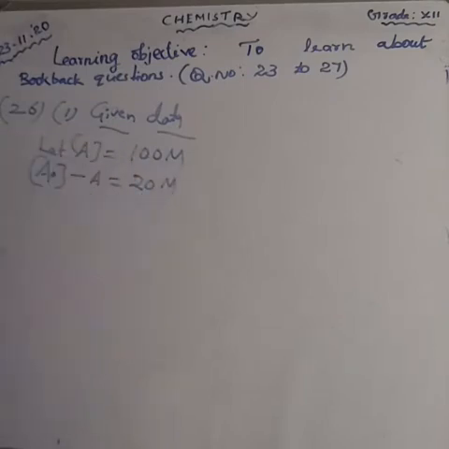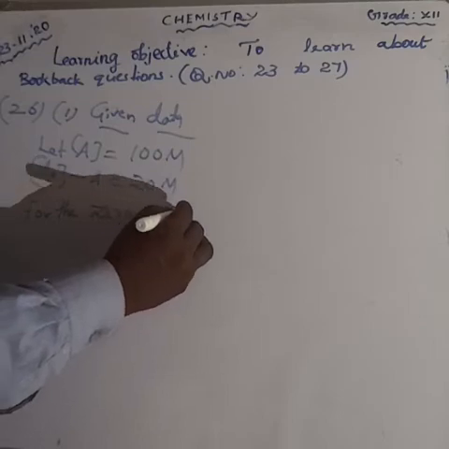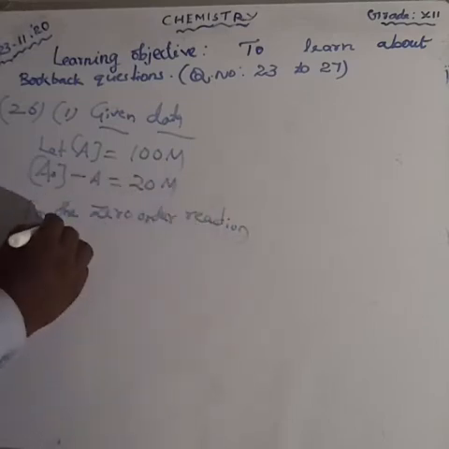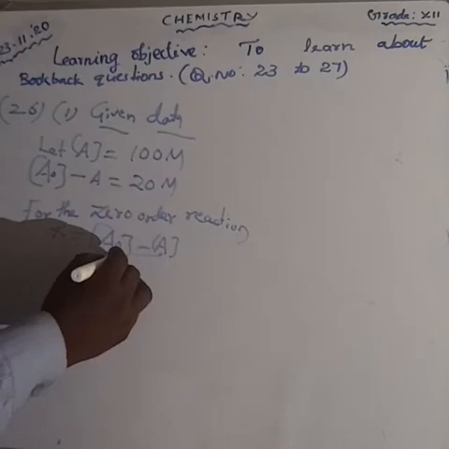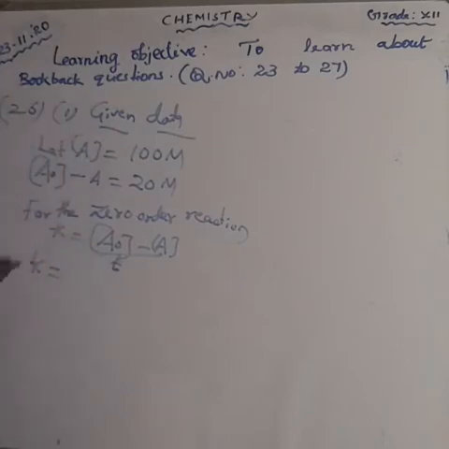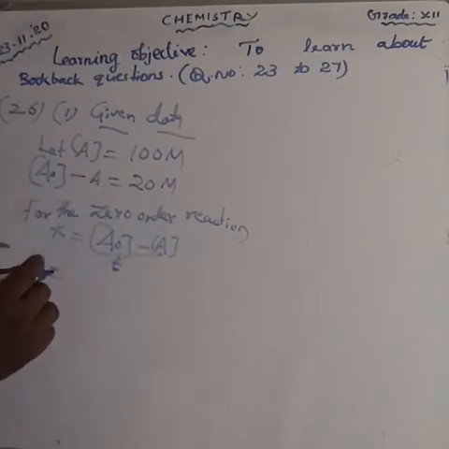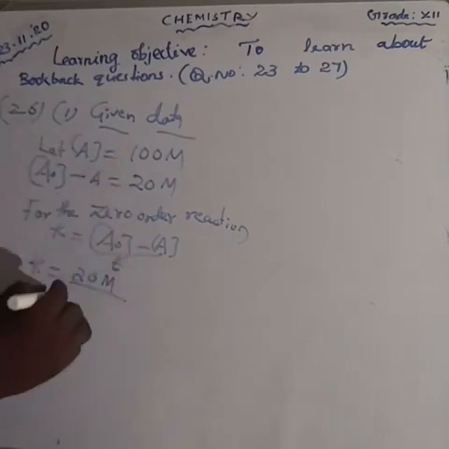For a zero order reaction, K is equal to A naught minus A divided by T. A naught minus A is 20, and time is 20 minutes.